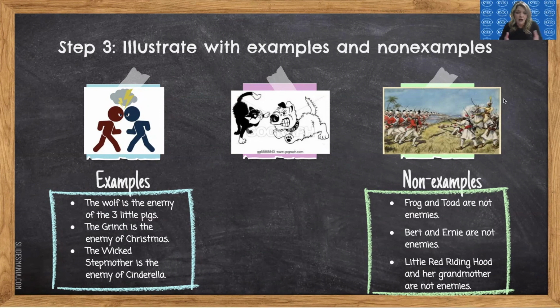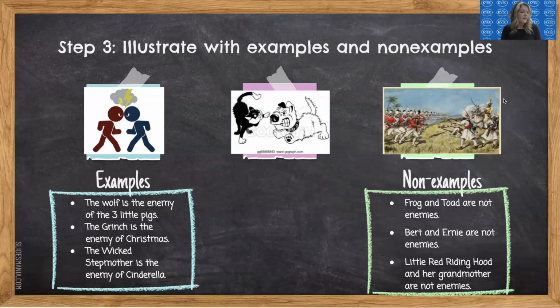You can't hold an enemy. But if you were doing something like broccoli, if they didn't know what broccoli was, then you could actually bring in broccoli, let them hold it, look at it, and that's a concrete example of what that word is. But like I said, you don't always have that with all words, but if possible, that's what you want to start with.